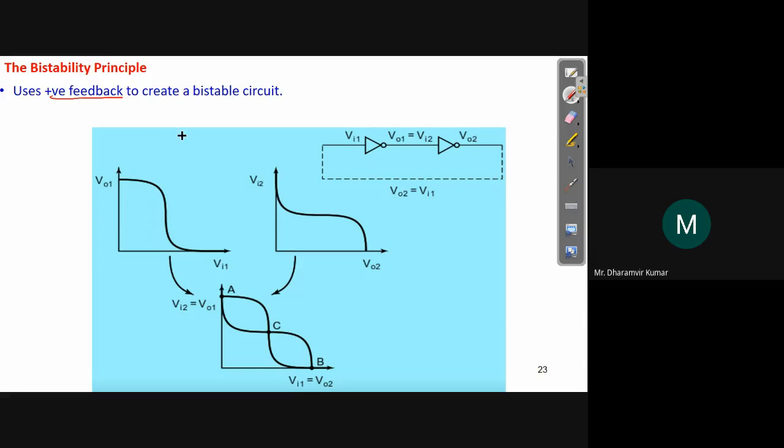This is different from negative feedback. Remember, you had studied about negative feedback and positive feedback in your basic electronic subjects. So can you give me one example of a negative feedback and a positive feedback circuit?